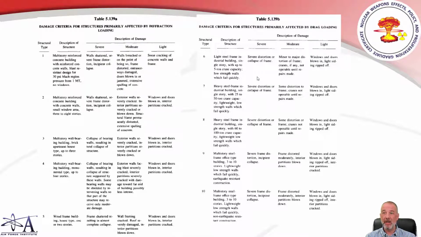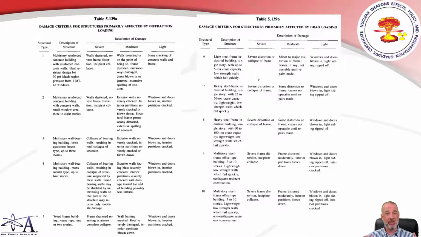For example, number 1 is a multi-story reinforced concrete building, concrete walls, blast resistant design, kind of like something meant to withstand a nuclear bomb. So severe damage to that would mean the walls are shattered, the frame is distorted and twisted. It's basically a complete write-off. Moderate means that some walls may have holes in them.